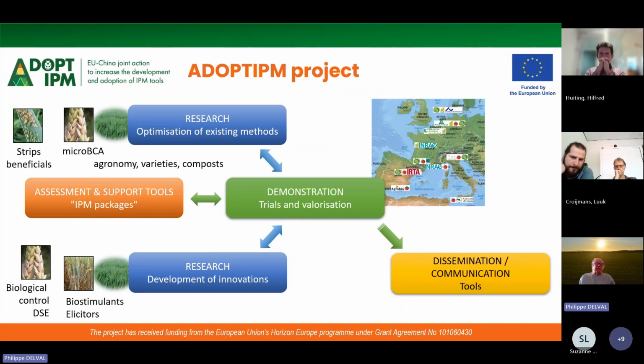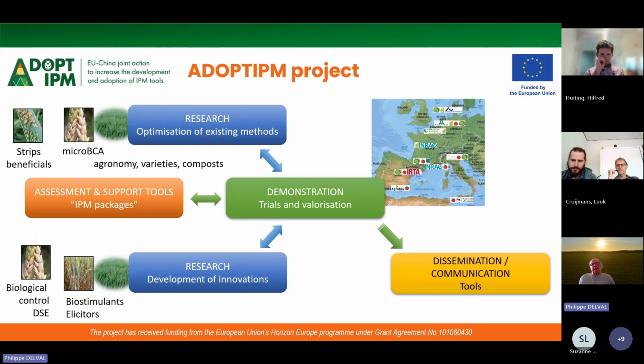And in development of innovations, we have a lot of study about biological control, DSE, which are dark septate root endophytes, fungi that can promote plant stress resistance, with the objective of suppression of Fusarium wilt. And we also test new biostimulants and elicitors to use on Septoria, for instance, in the fields.